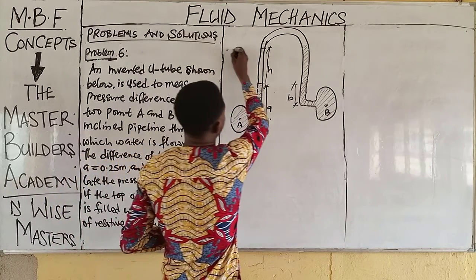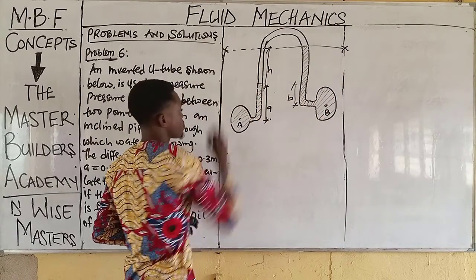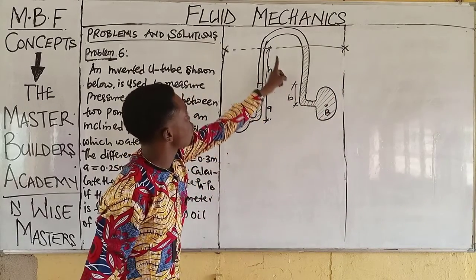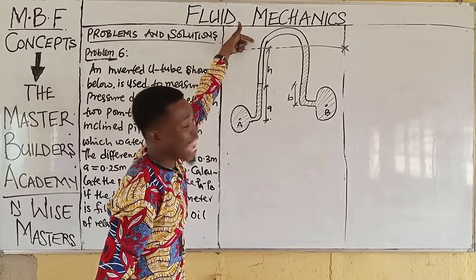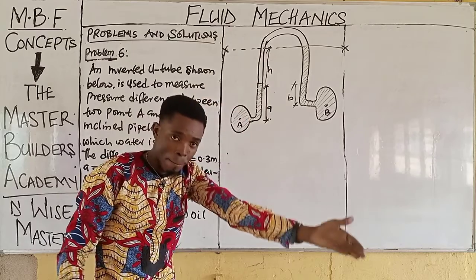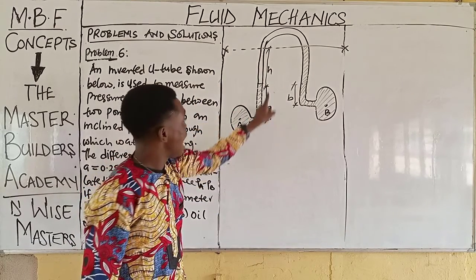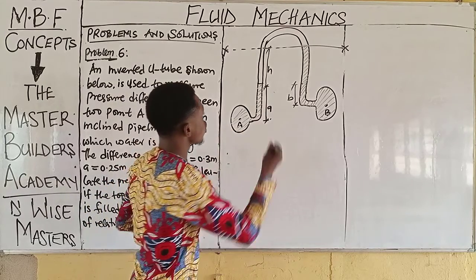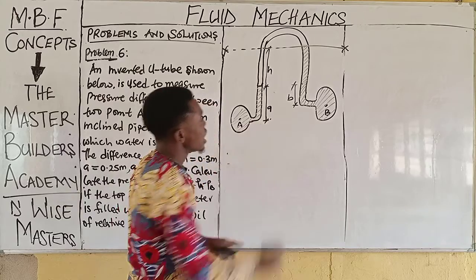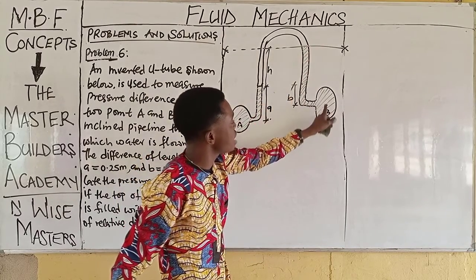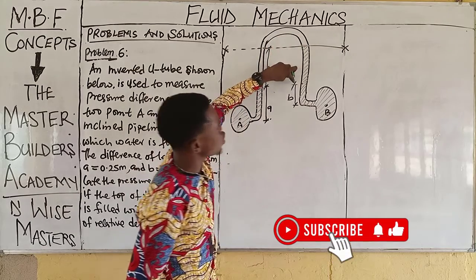Now let's quickly take a datum, which is x. From here to this end is H, and that contains either air or oil. From here to this end is water, and the depth is already known to be A. But from here to this end is all water, and we do not know the depth from here to this point.